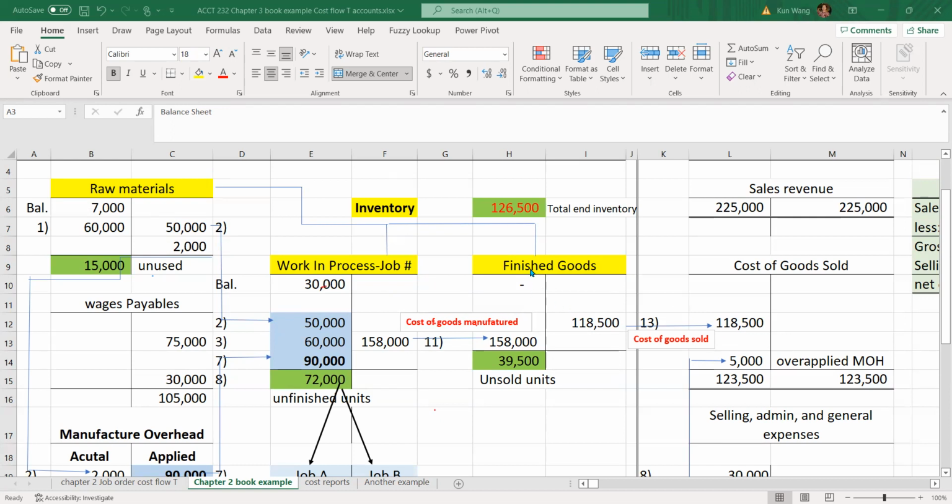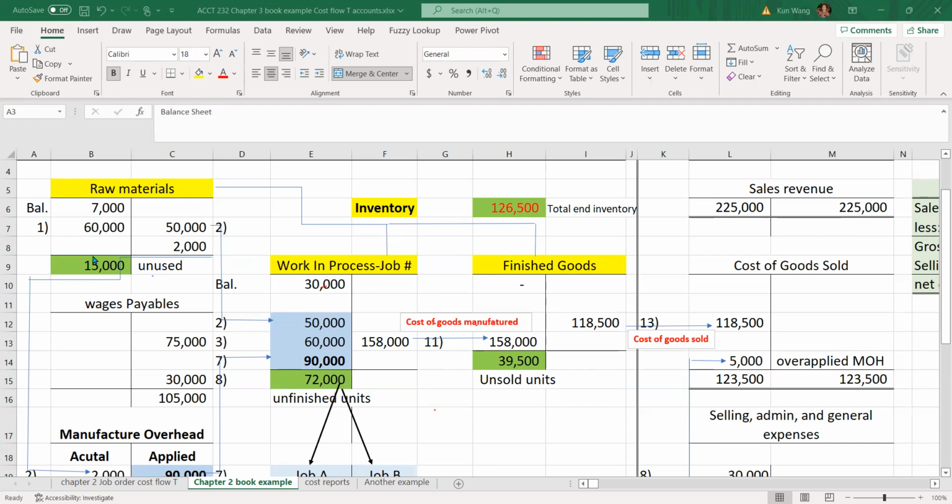So now back to the finished goods. For the unsold units, completed but unsold, they stay in the finished goods warehouse, and their cost is still under the finished goods inventory. So when we finish the period, we'll have three inventory account balances, three inventory accounts for manufacturing industries.